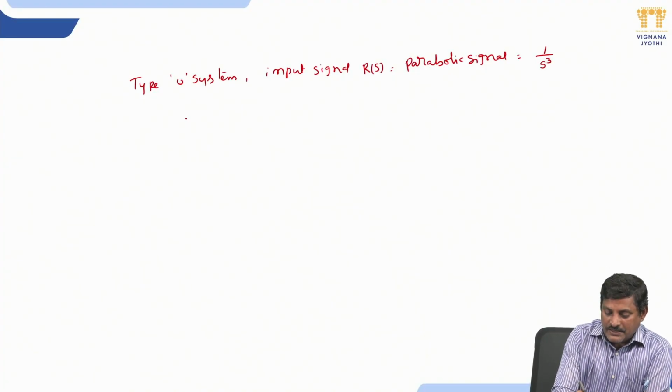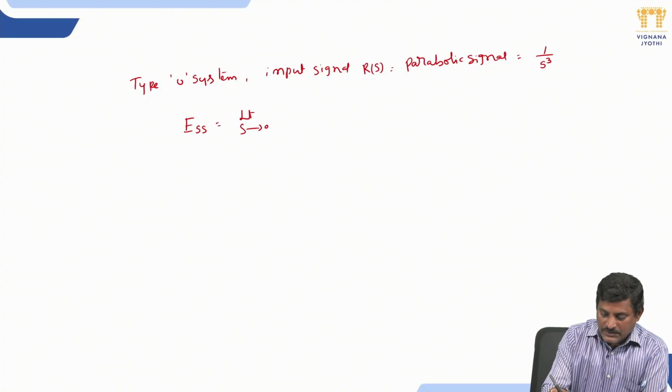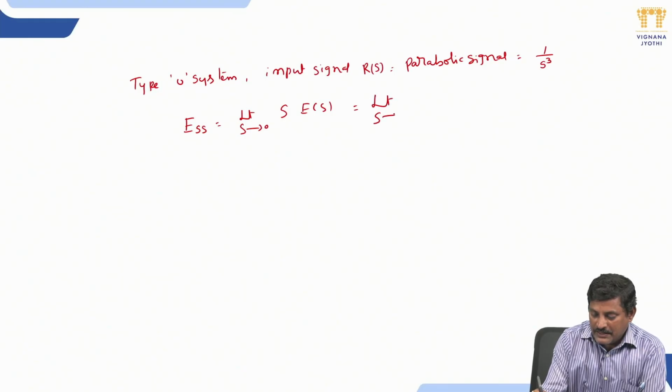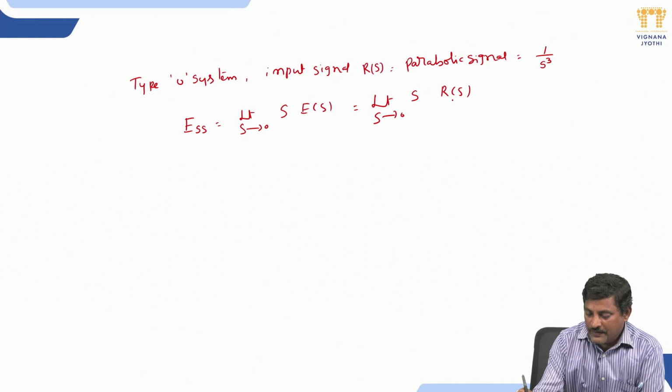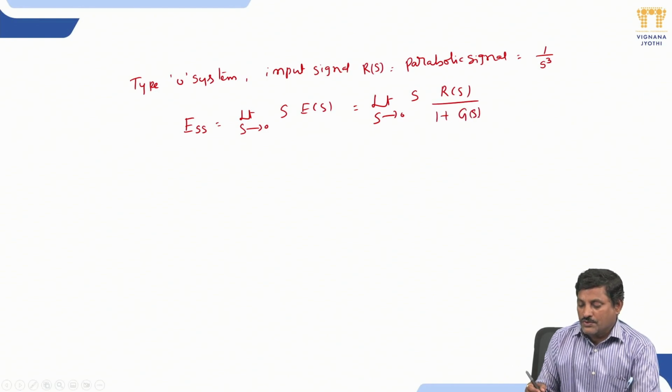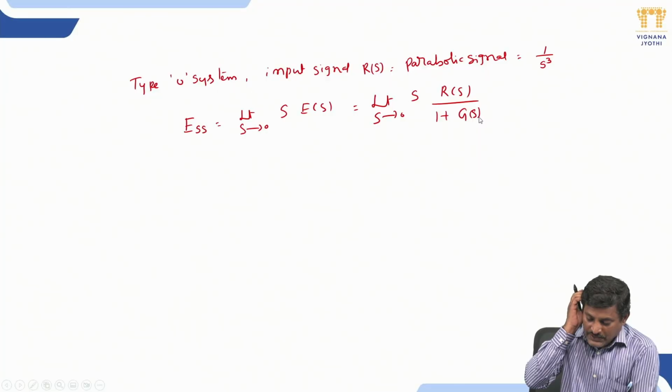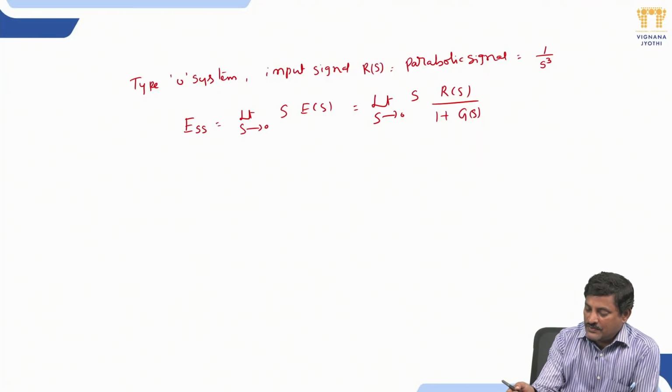Now find the steady state error, same as previous. ESS is equal to limit s tends to 0 of s times E of S, that is equal to limit s tends to 0 of s times R of S by 1 plus G of S. Already you know that H of S is unity feedback, that's why I have not considered it; 1 by 1 plus G of S is directly written here.